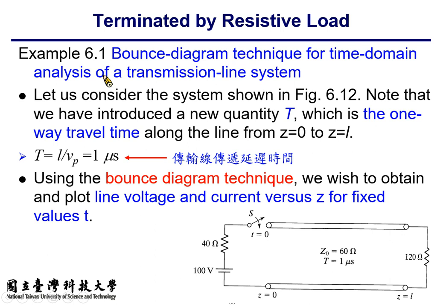You will see something similar to example 6.1. So of course, you need to work on example 6.1, work on homework related to the bouncing diagram, and work on sample problems. Then you will have a great chance to get these 30 points in your midterm number 2. Okay?